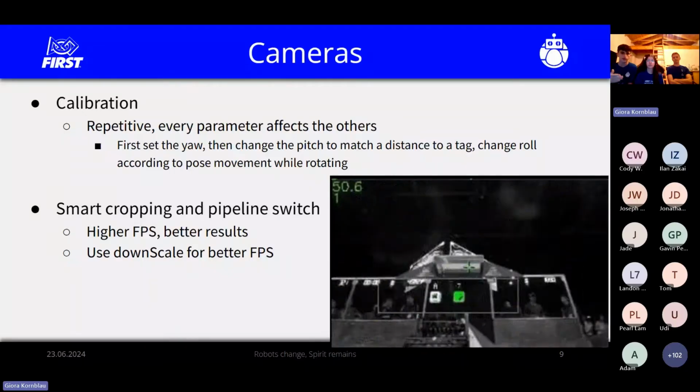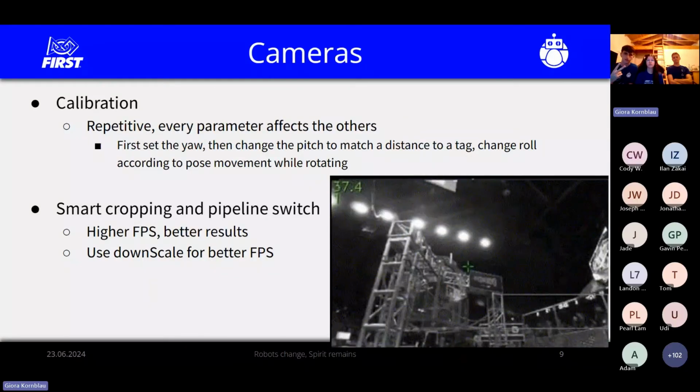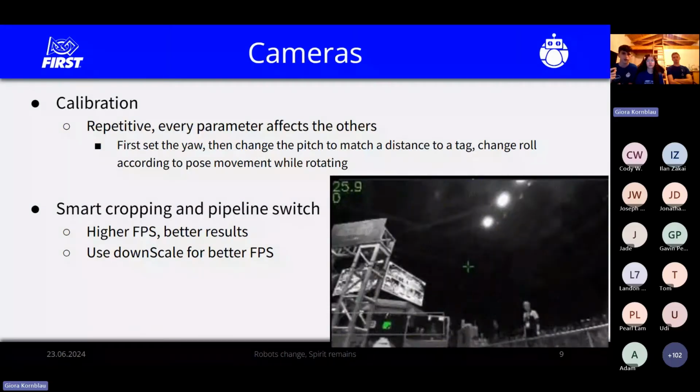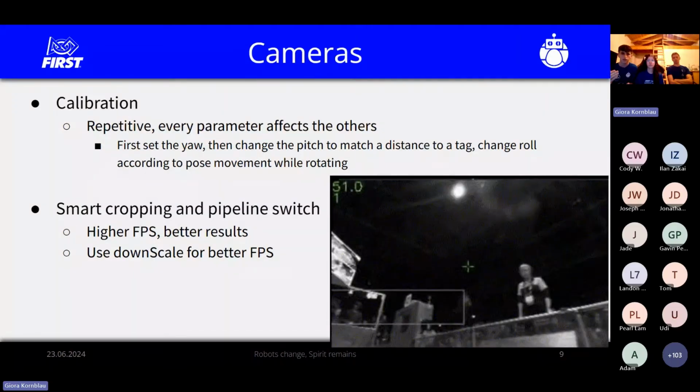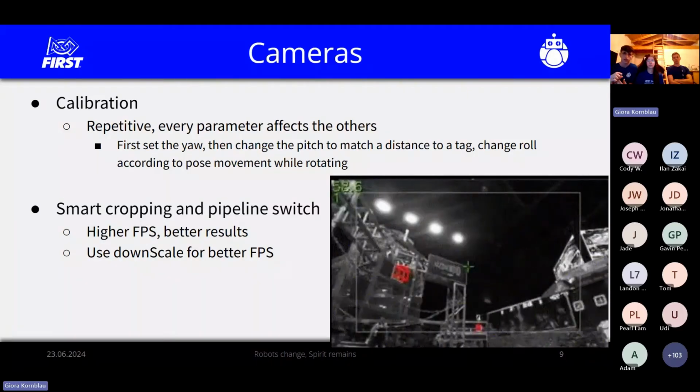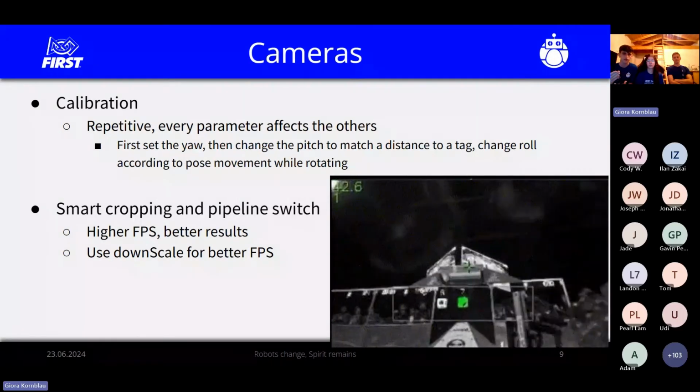And for downscale, we have two pipelines this year. One pipeline had a higher downscale, meaning that we downscaled the image more, and it gave us better FPS.